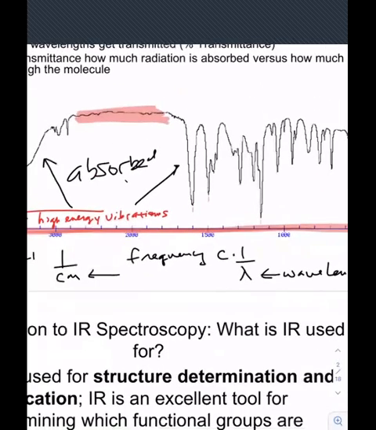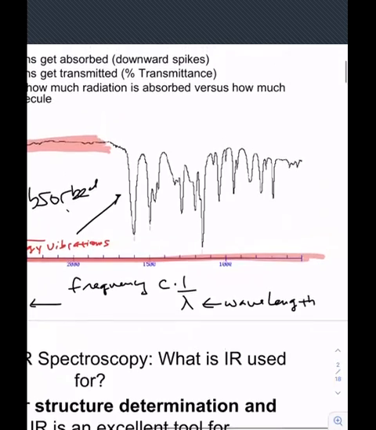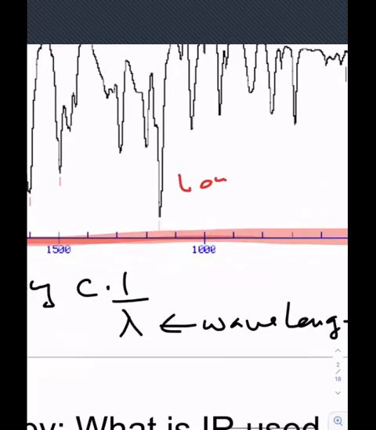It takes a lot of energy to make those bonds vibrate, right, and match the frequency or the wavelength of the instrument. It takes a lot. And then down here, these would be lower energy.